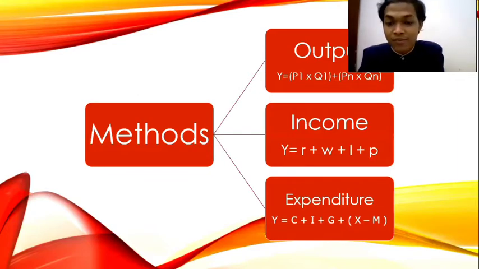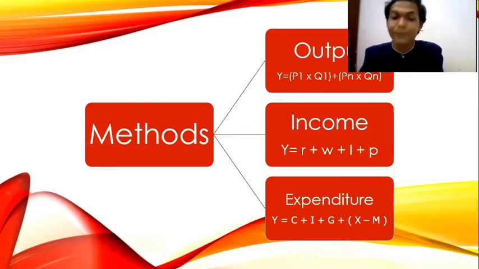The second one is the income method. The formula is Y equals R plus W plus I plus P. R stands for rent, W stands for wage, and I stands for interest. And P itself stands for profit.